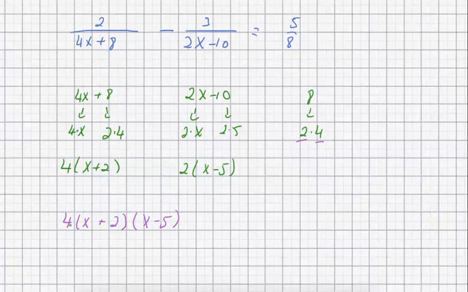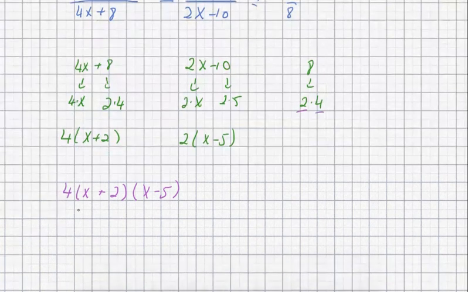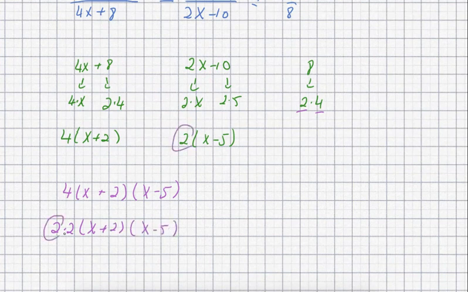The 2 is inside the 4. So if we want to be more accurate, we can look at the 4 as 2 times 2. And I just copy it. So if we look at these, we have 1, 2 here. So we don't need to write it down again.